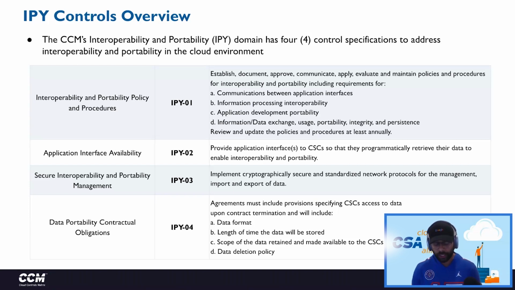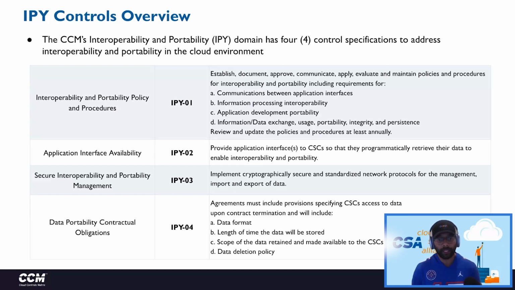So if the application and data need to be moved from one CSP to the other, there are well documented policies and procedures so that a team can follow step-by-step requirements for moving. The key point here is that all these policies and procedures should be reviewed and updated at least annually.